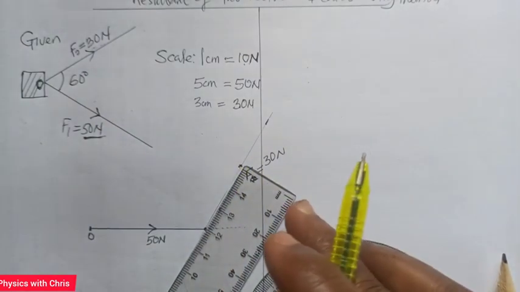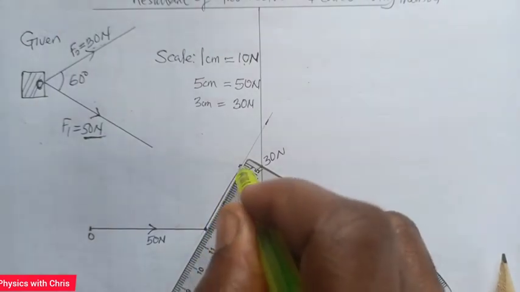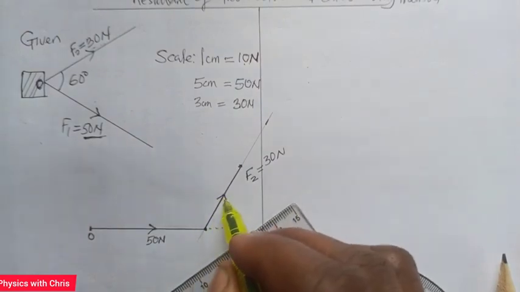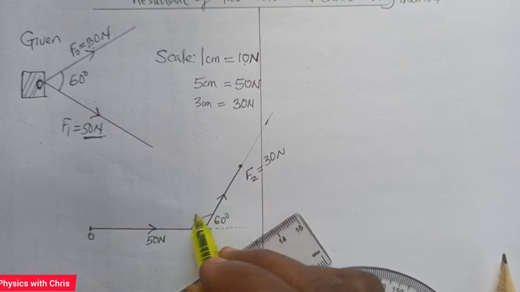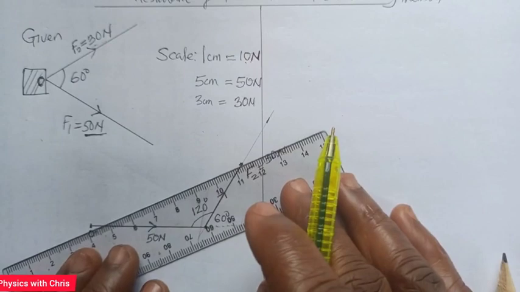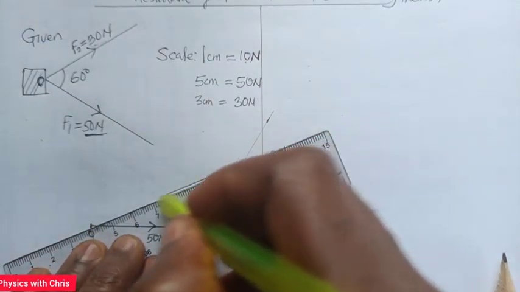This is 3. Then I make this bold or thick. So this is my vector F2. Now this is 60 degrees and this will be 120 degrees.